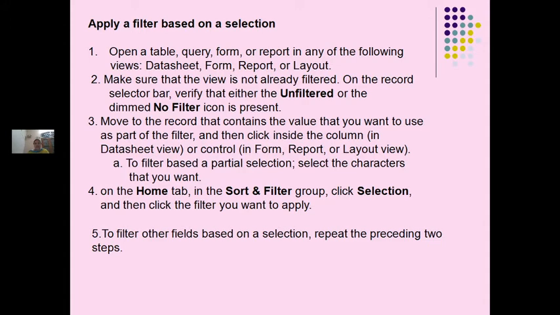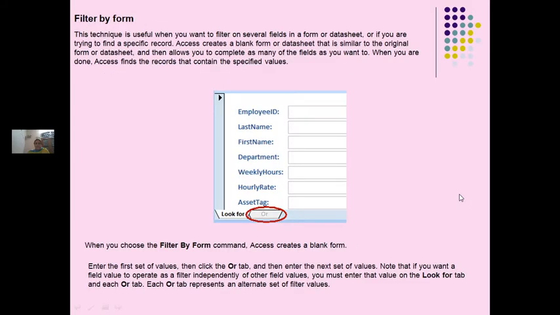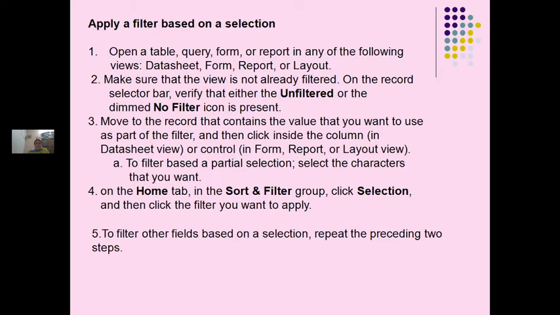To filter based on a partial selection, select the characters that you want. On the home tab in the sort and filter group, click selection and then click the filter that you want to apply. To filter other fields based on selection, repeat the preceding two steps. Okay, so this is about filter by selection.